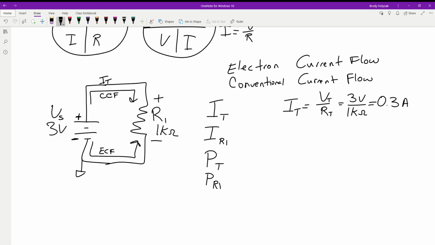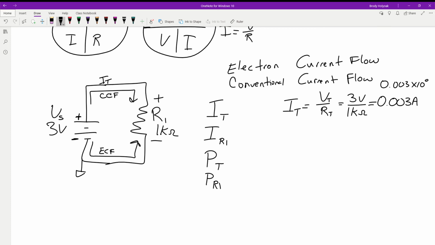So remember this is 0.3 times... 0.003. Okay? Both those are correct, right?